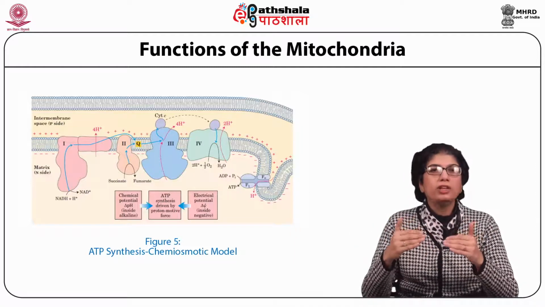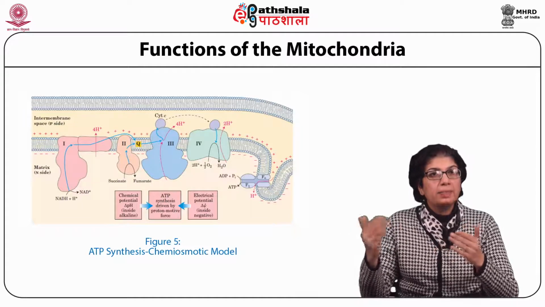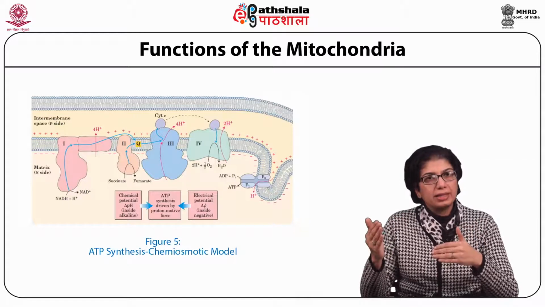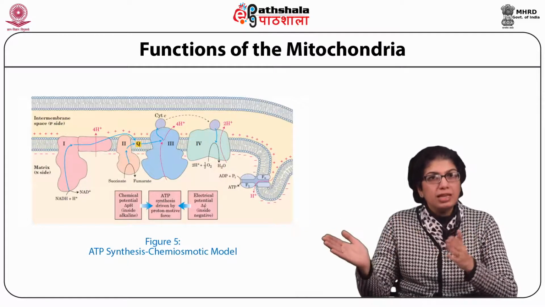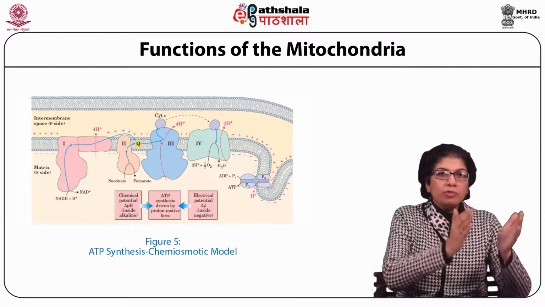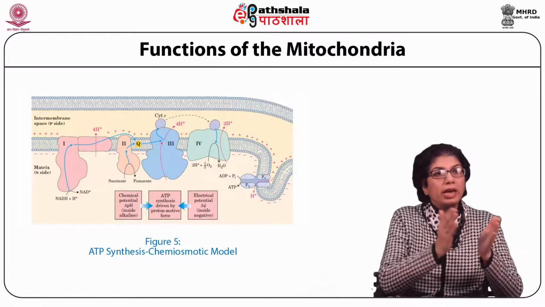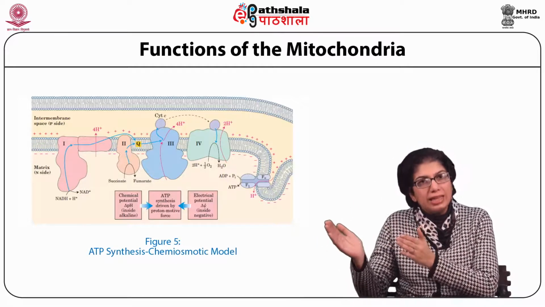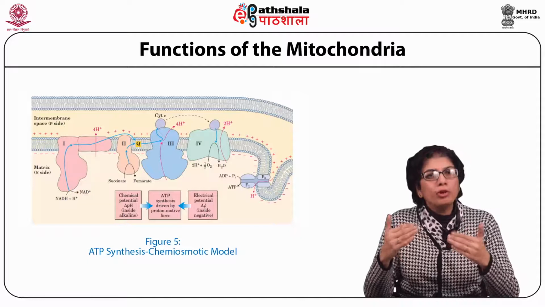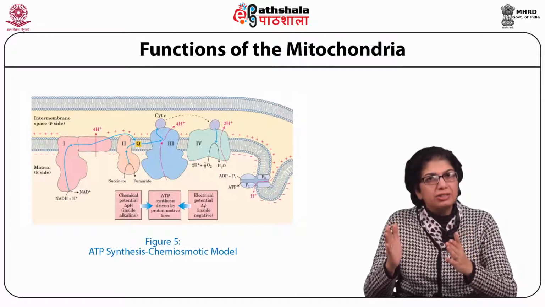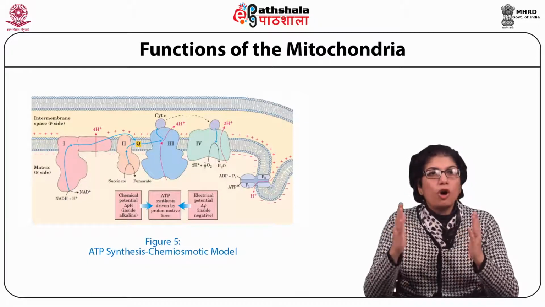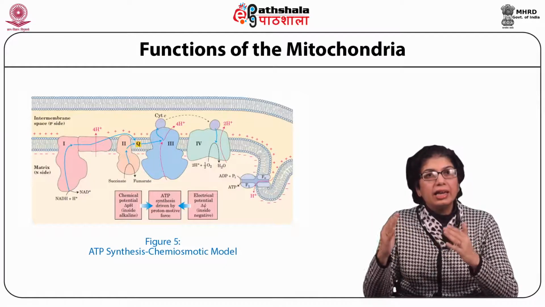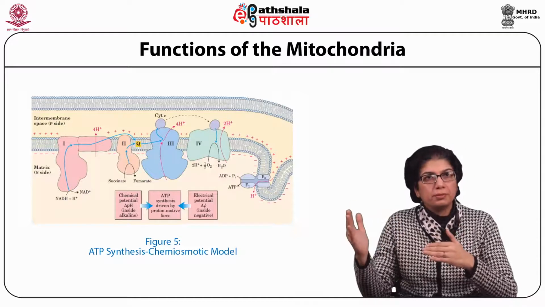Complex 3 of the electron transport chain is called the cytochrome BC1 complex. This complex couples the transfer of electrons from reduced ubiquinone, which is QH2, to another electron carrier, cytochrome C. Cytochromes are proteins having a characteristic strong absorption of visible light due to their iron-containing heme prosthetic groups.